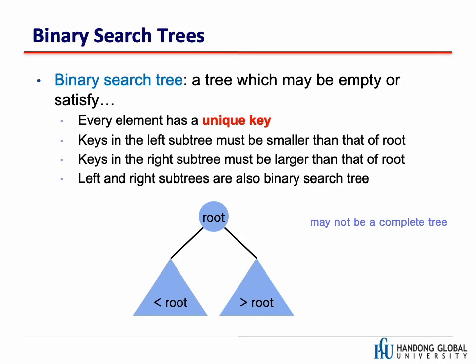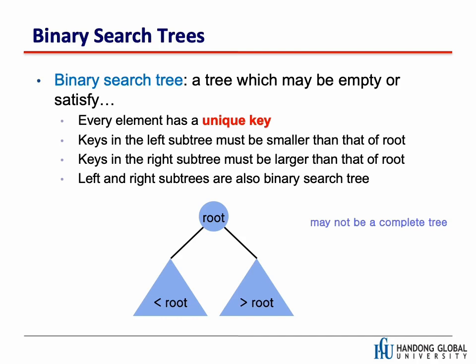Binary search tree is a tree which may be empty or satisfies these four items. First, every element has a unique key. So far we didn't talk much about the keys.